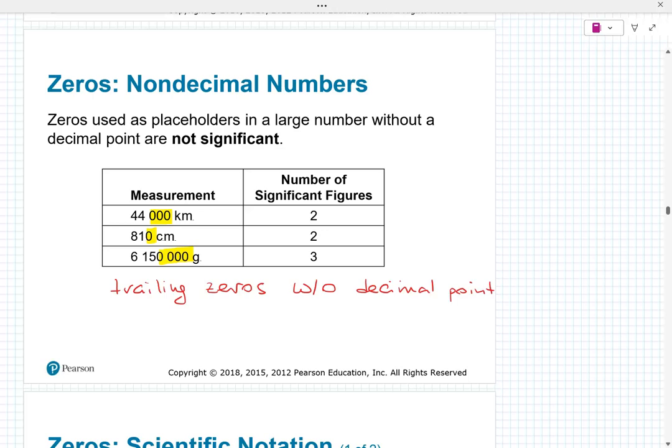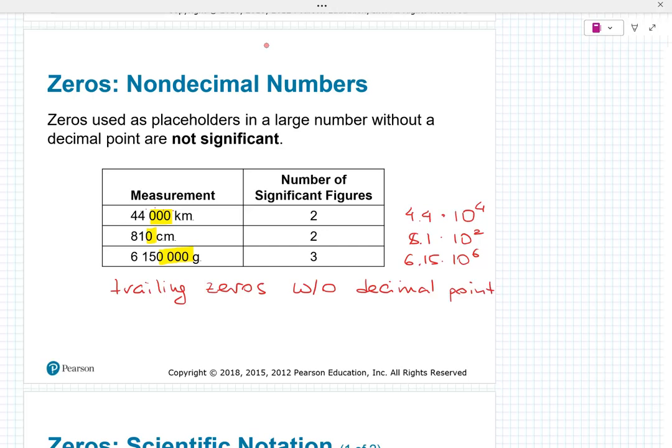Can we write it in scientific notation? 4.4 multiplied by 10 to the power of 4. We move 4 steps, right? 8.1 times 10 to the power of 2. 6.15 times 10 to the power of 6.